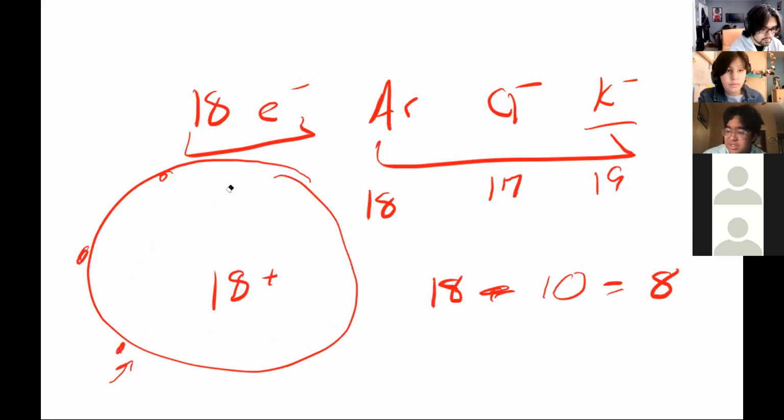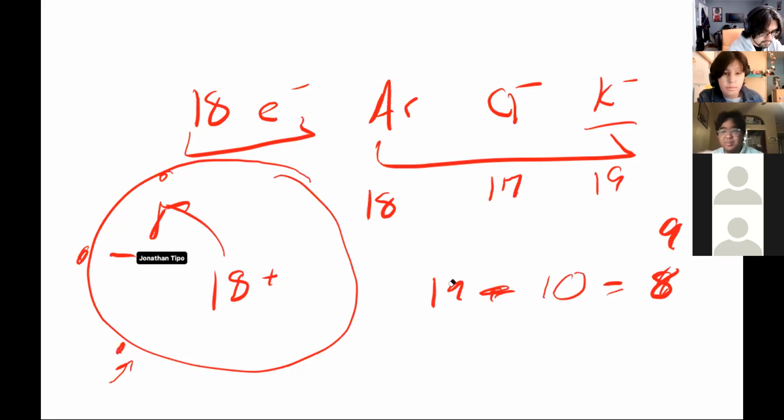And then for potassium, our effective nuclear charge would not be 8, it'd be 9. So now we see there are 9 forces acting on these 8 electrons, which means it's going to pull them in just a little bit further. So effective nuclear charge is pretty important, and that's how we determine atomic size with ions. Does anybody have questions on that?